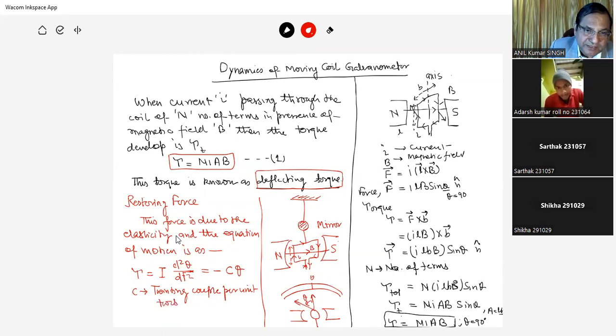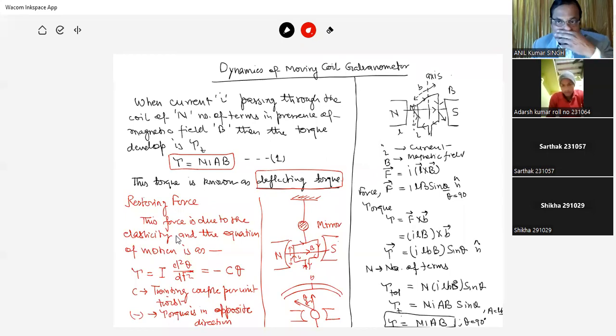And the negative sign indicates that this torque is in the opposite direction, because it will try to make the coil go back. Just suppose the coil is deflecting in this direction, this is the original torque, so the restoring torque will act in this direction so that it will achieve its original position.